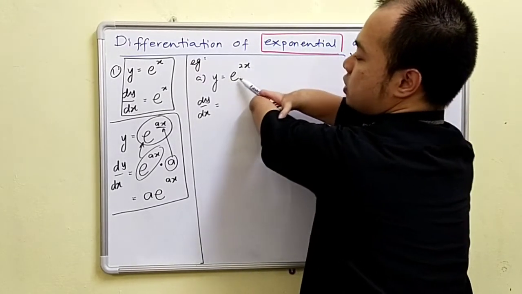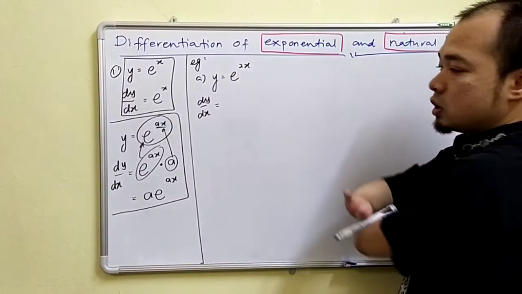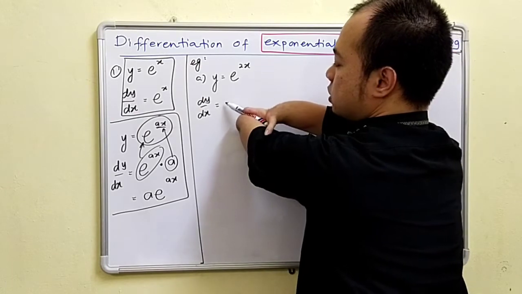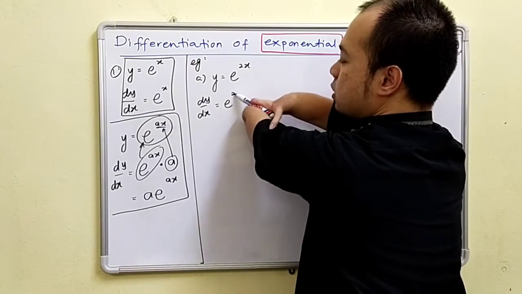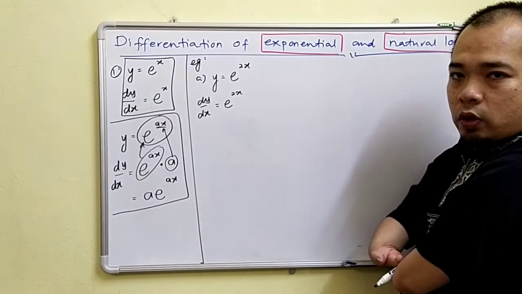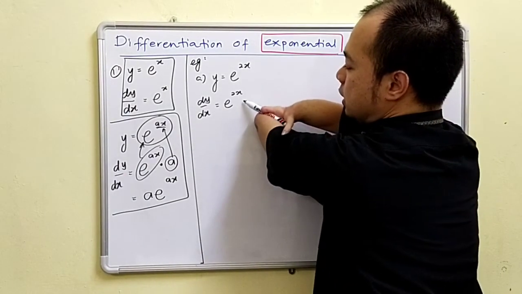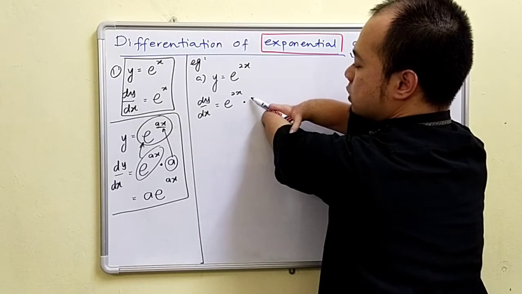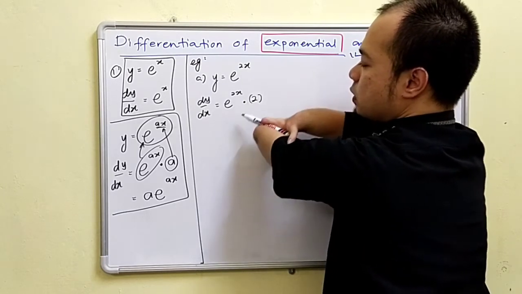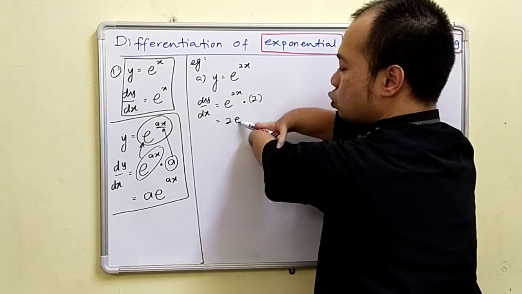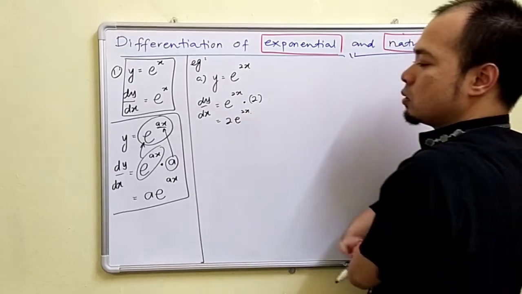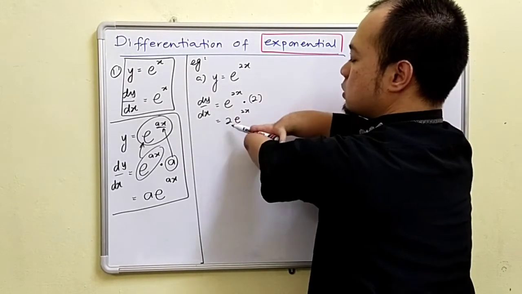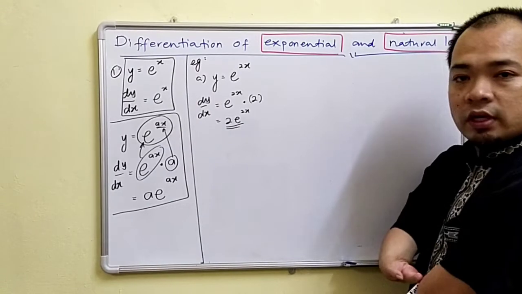This is an exponential function, so differentiating it we get itself, e to the 2x. Then inside, differentiate the power, the 2x, so we get 2. So the answer is 2e to the 2x. So this is dy over dx.